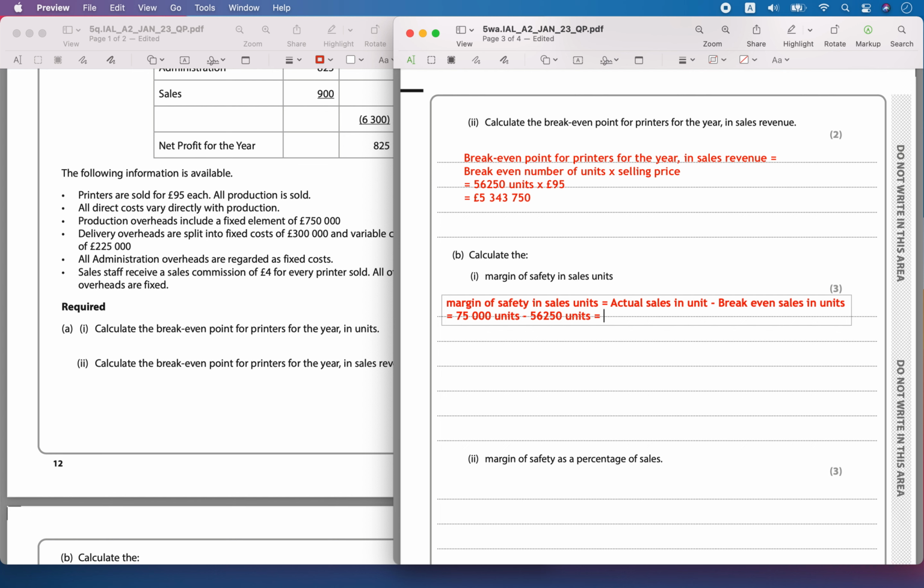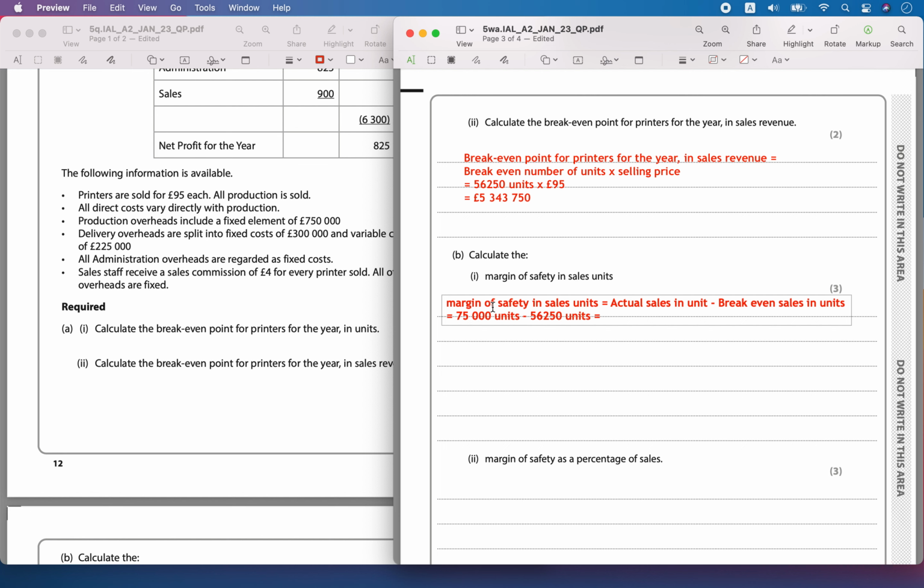Let's calculate the number of units: actual minus the break-even, where I am safe. 75,000 units minus 56250.